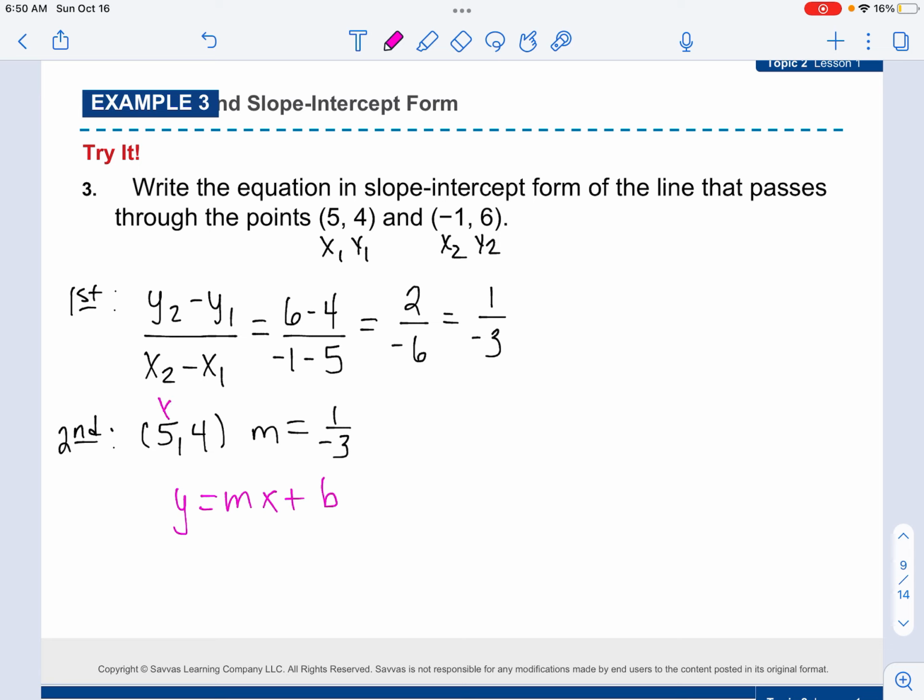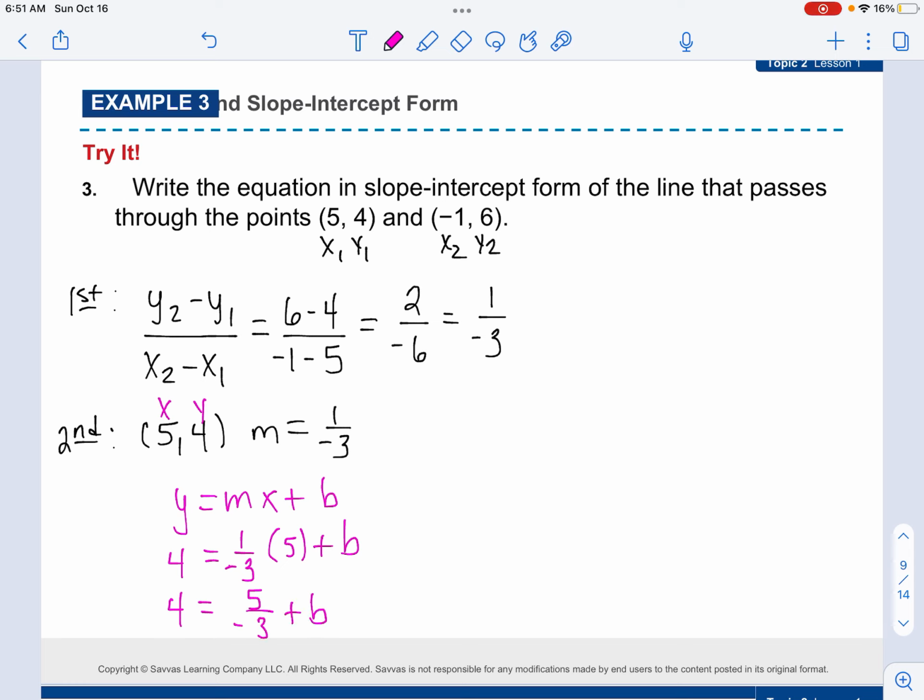So this is x, this is y. So 4 is going to equal our slope, 1 over negative 3, times our x, which is 5, plus b. So 4 is going to equal 5 over negative 3 plus b.